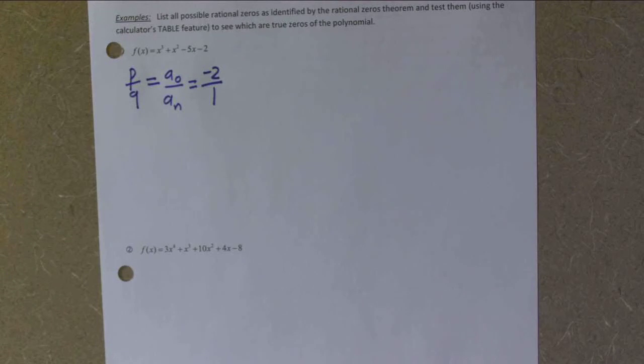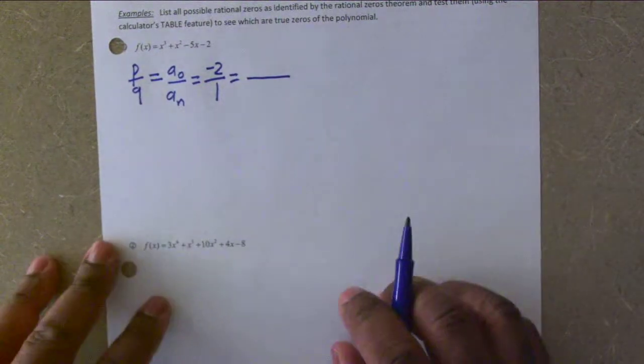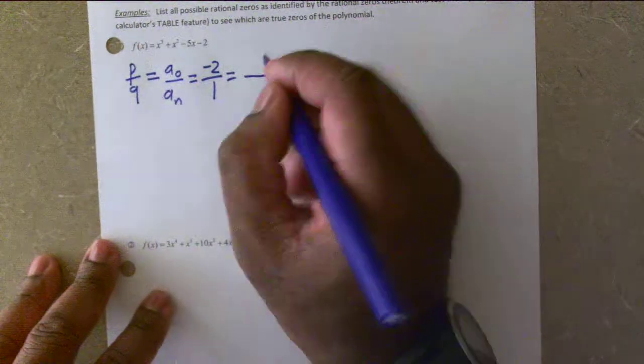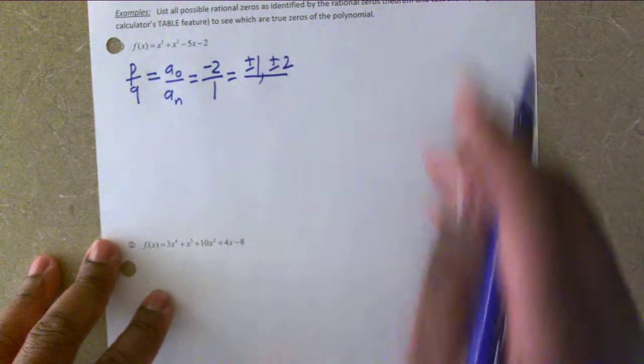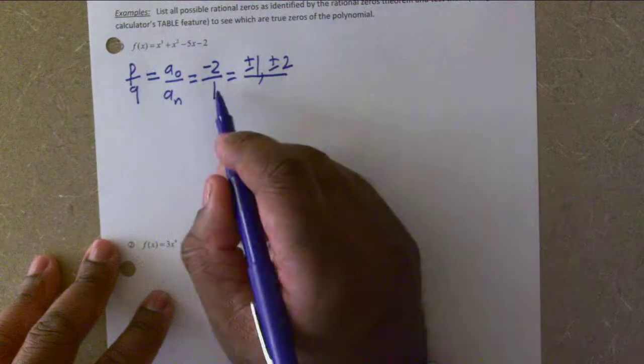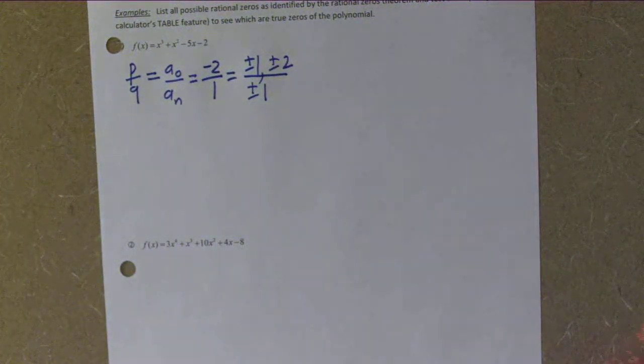You do not divide them. Remember, we're just trying to find the A naught and the A of n. So now we need to write the factors of both of these. The factors of -2 are positive and negative 1 and positive and negative 2. And the factors of 1 are positive and negative 1. Does everyone follow that?